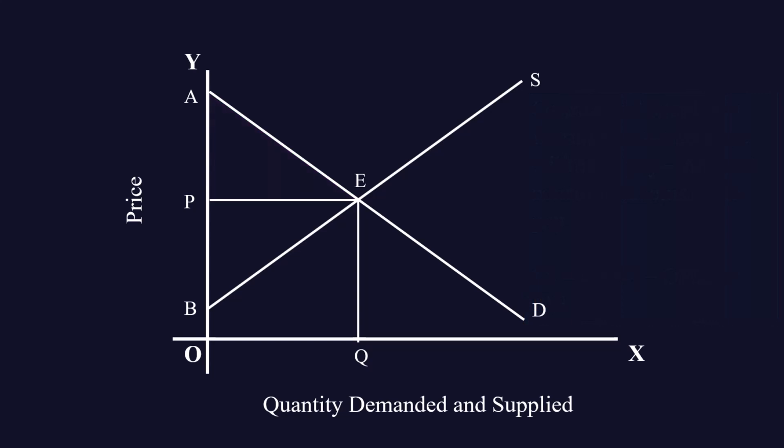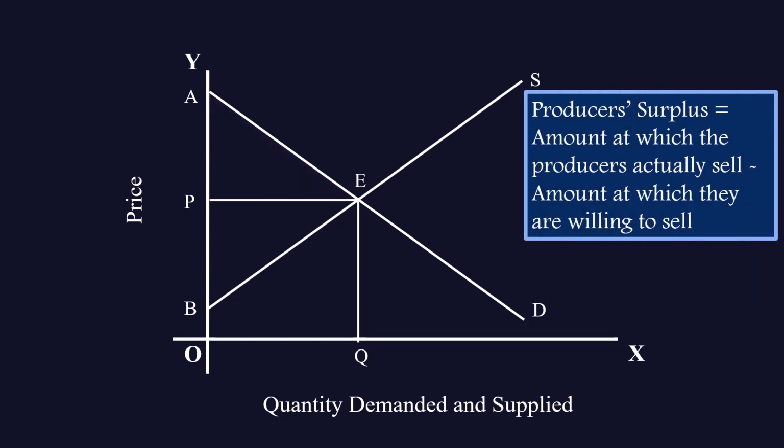Again, we know producers' surplus equal to amount at which the producers actually sell minus amount at which they are willing to sell. The amount at which the producers actually sell their goods is OPEQ. The amount at which they are willing to sell is OBEQ.